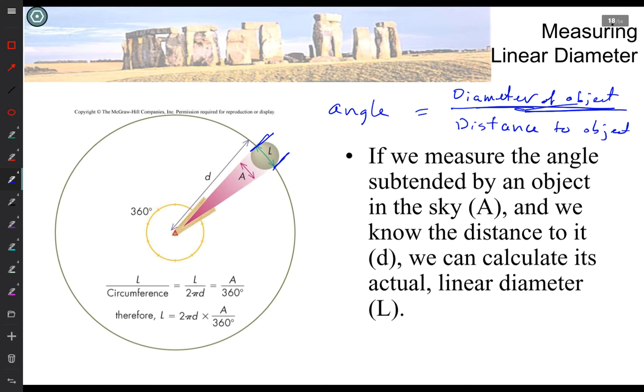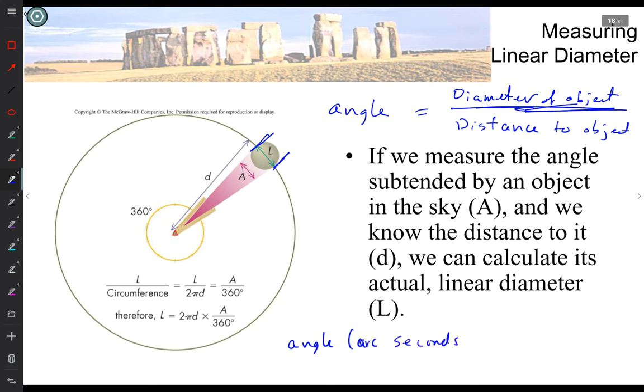When you measure angles in degrees, we measure the angles in degrees, minutes, and seconds. And just like with the clock, there's 60 minutes in a degree and 60 seconds in a minute. And so for angles of things in the sky, we tend to use arc seconds as our units.